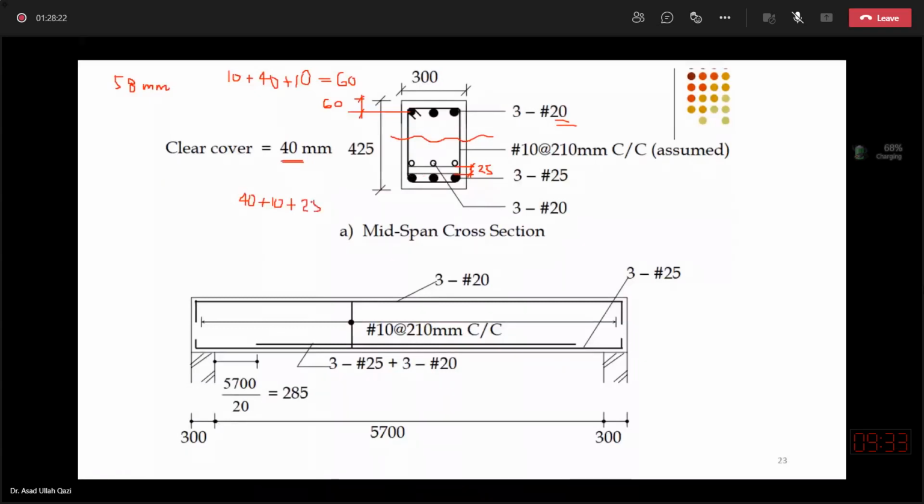And if I assume the center of the steel layers will be right in the middle, although it will be a little lower, because when I calculate y bar by this equation: area of steel in first layer into its distance from bottom, plus area of steel in second layer into its center distance from bottom, divided by total steel AS1 plus AS2, I can calculate the center of the steel.